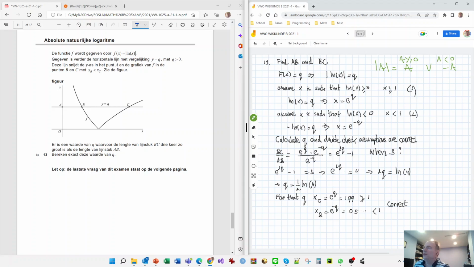So now we know BC and AB. BC is the distance here, so it is e to the power q minus e to the power minus q from B, and AB is e to the power minus q minus 0.